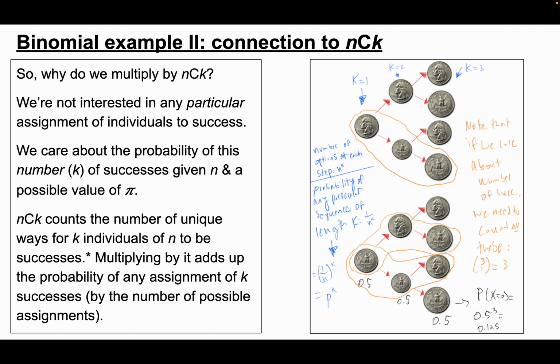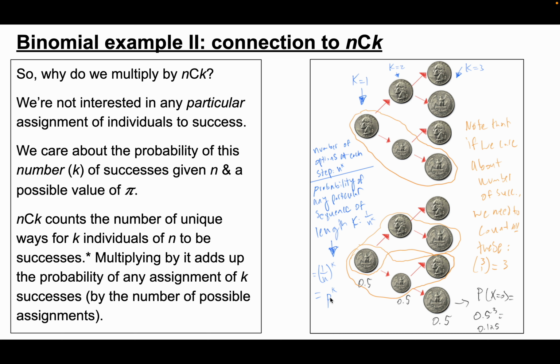Then finally, if we come down to this last step, where we've got sequences of length 3, and you can kind of see how I got there, the probability of any one of these, such as this, or this, or this, etc., is 1 in 8, right? And so conveniently, that's just p or pi to the k. I should have changed the notation here, but I was lazy because I didn't want to redraw the figure.